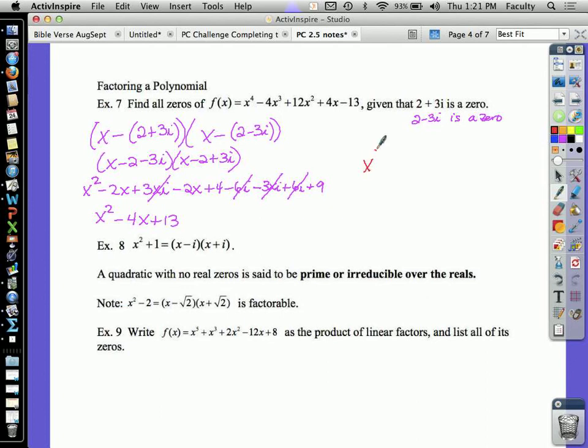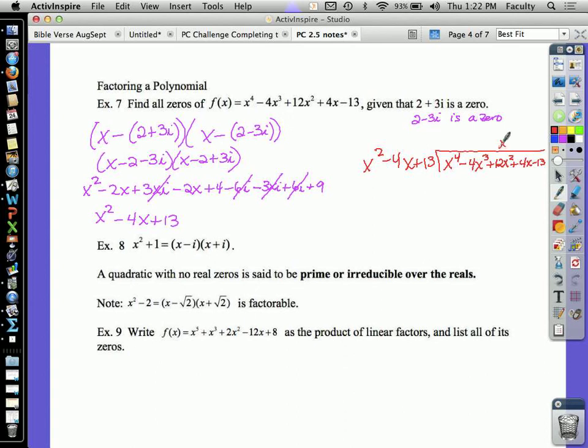So I'm going to take x squared minus 4x plus 13 into x to the 4th minus 4x cubed plus 12x squared plus 4x minus 13. And that's going to create a quadratic equation. So the good news is, if it doesn't factor, I can always use quadratic formula. That's always my backup plan.